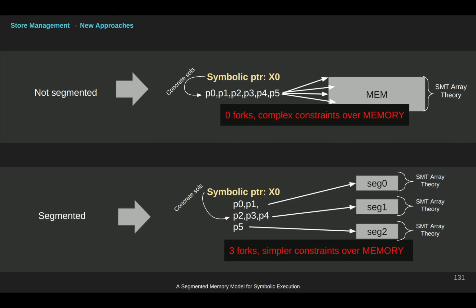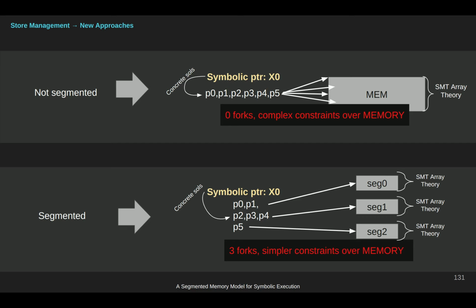If you have a buffer in memory that has some size, and you want to access that buffer with a symbolic index, then that symbolic index might be able to span all of memory. And if you want to do some reasoning about that index, you will have to do the reasoning over all of memory.